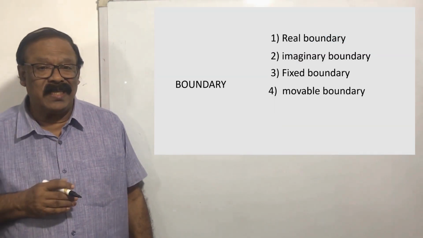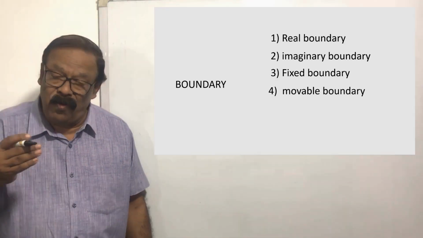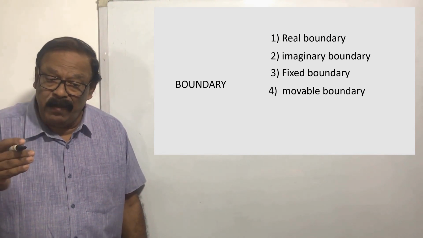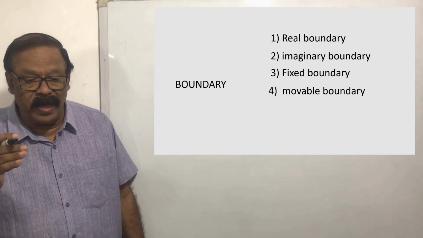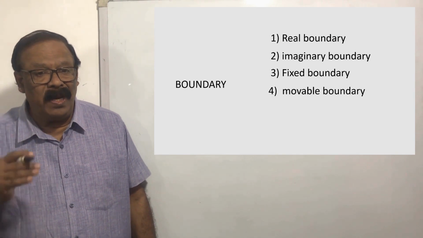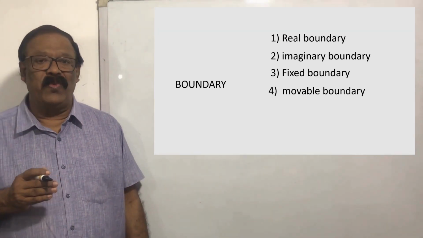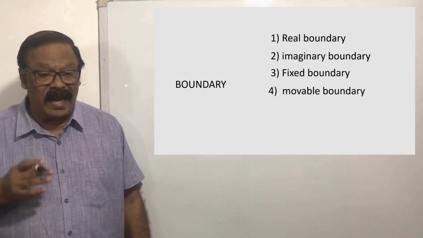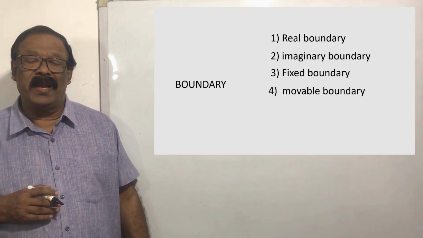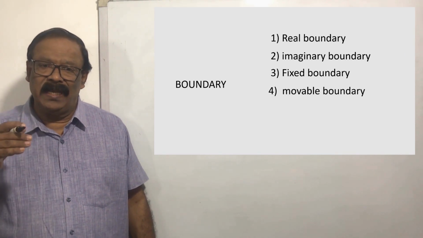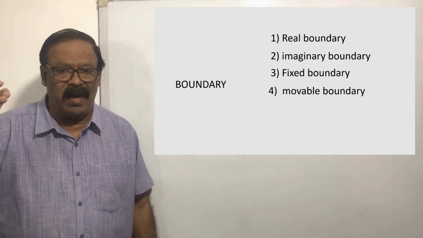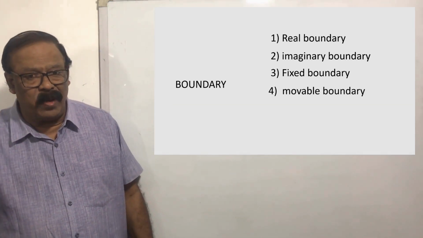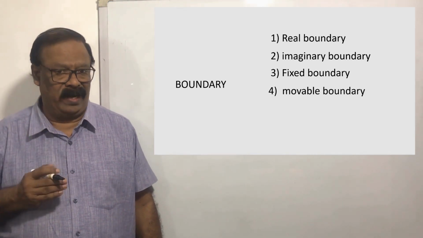The boundary surface can be of four different types: real boundary, imaginary boundary, fixed boundary, and movable boundary. Suppose we are taking water in a beaker, then the beaker is a real boundary. Suppose we are watching a person going in a car, then the boundary between the system and the surrounding is only an imaginary one.